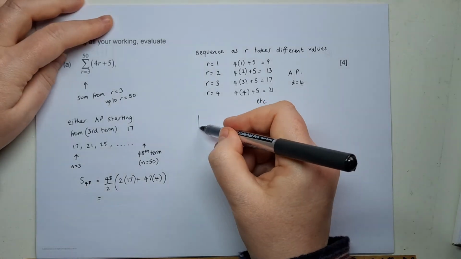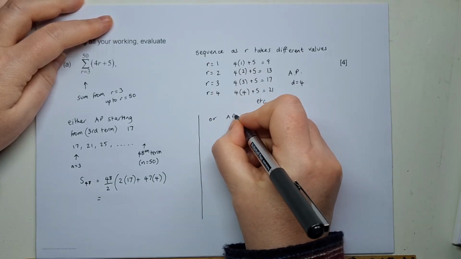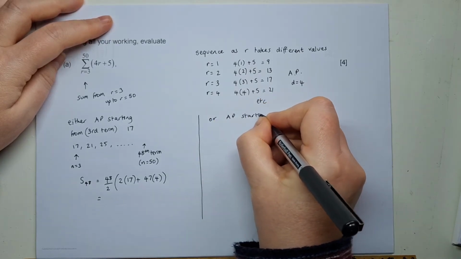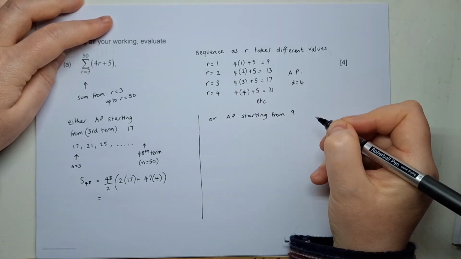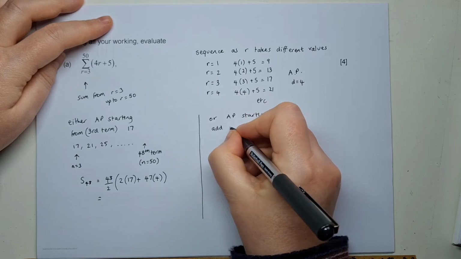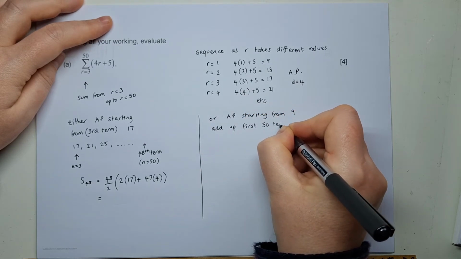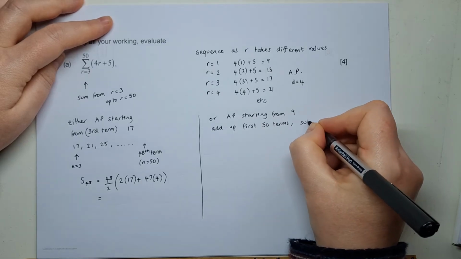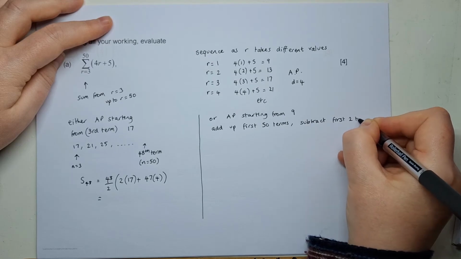That will work fine. The other way to do it is to think about your AP starting from 9, and then you can add up the first 50 terms, and then you can subtract the first 2 terms.